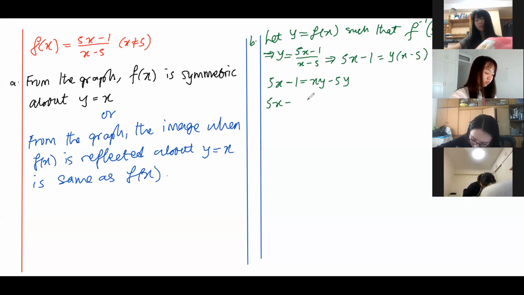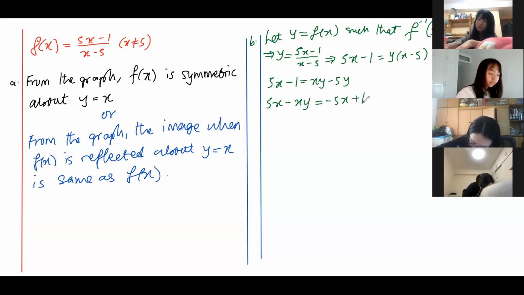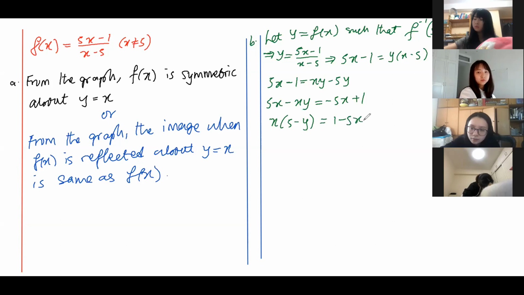X is being made the subject. Negative 5x plus 1. So this is x, 5 minus y, 1 minus 5x, if I rearrange properly. So x, yes? 1 minus 5y.